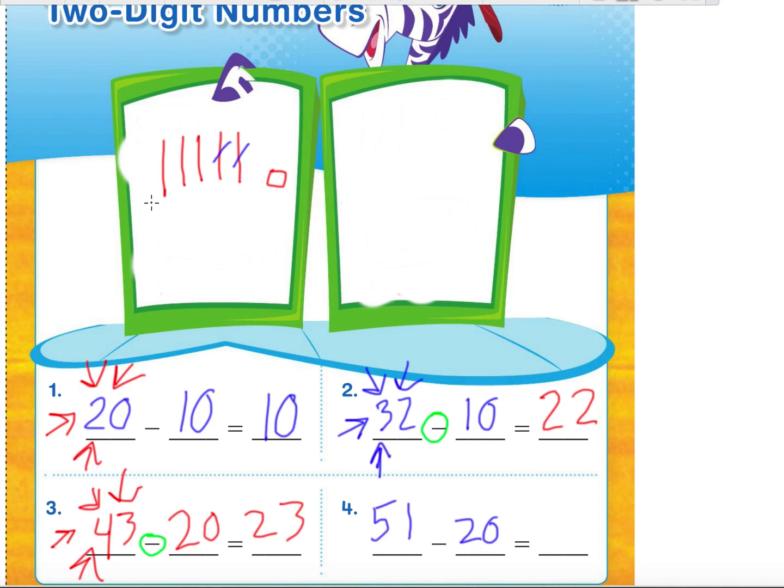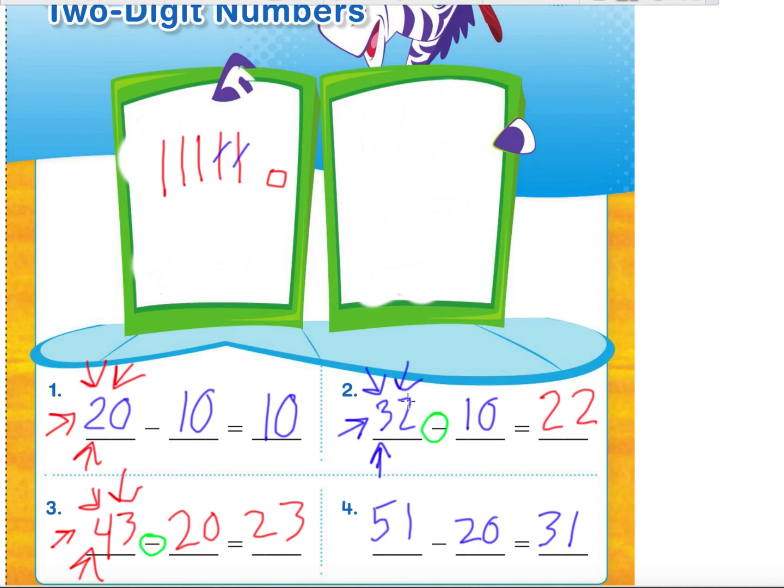Ready? Let's count it together. I'll show you. 10, 20, 30. We stop with our tens there because these have lines through them. We're going to pretend they got taken away now. And we're going to count on with ones, so 31. So 51 minus 20 is 31.